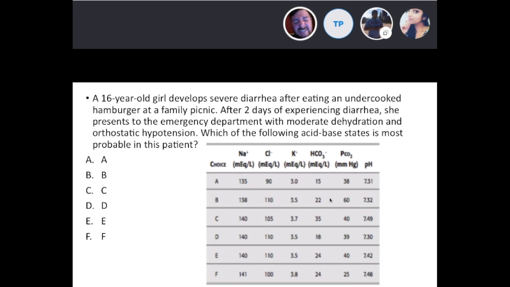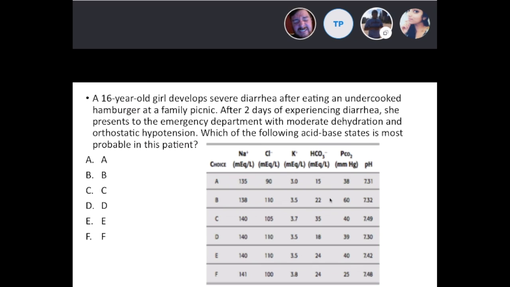So diarrhea, she's going to be acidotic, right? Okay. Is that right? Yeah, she's going to have a non-anion gap acidosis. Correct.